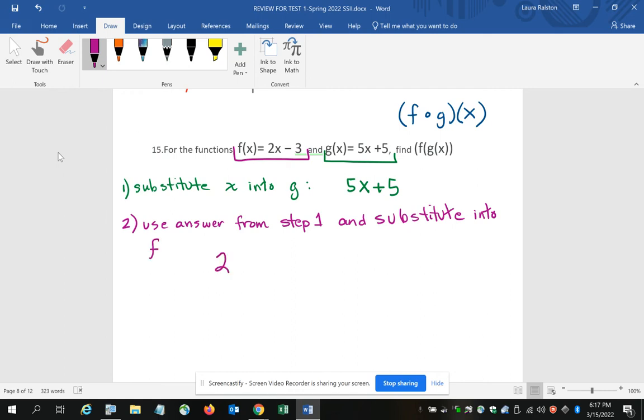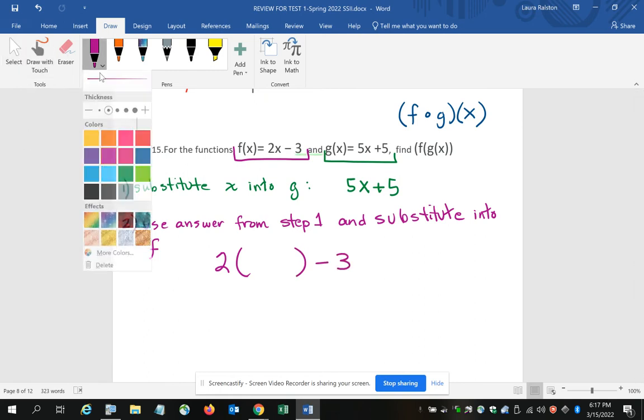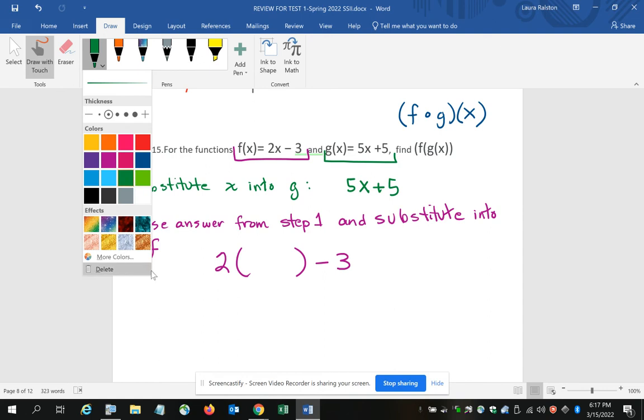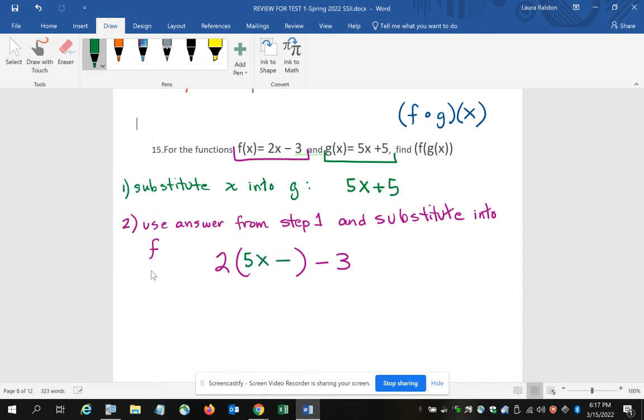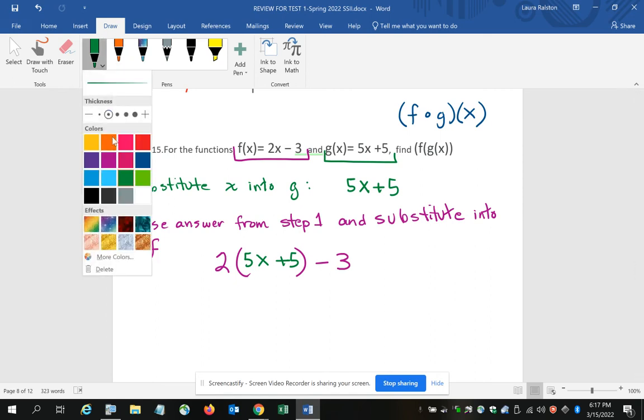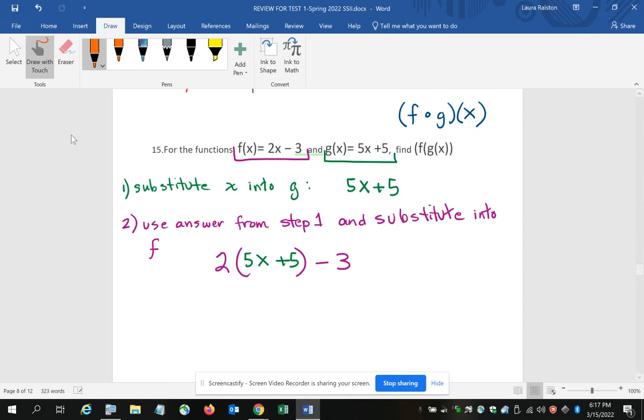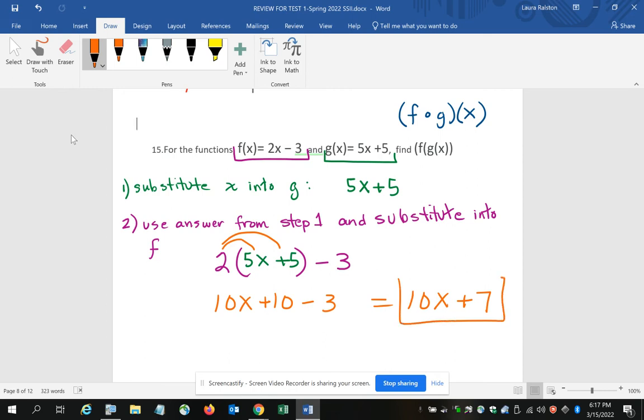So I would have 2 times the answer from number 1, which was the 5x plus 5 minus 3. And then we do the math. 2 times 5x is 10x. 2 times 5 is 10 minus 3. So I have 10x plus 7, when I combine like terms.